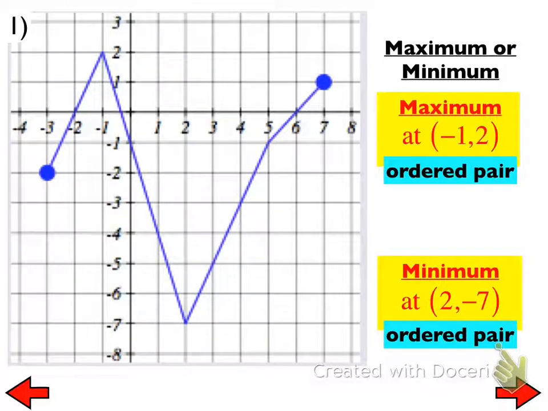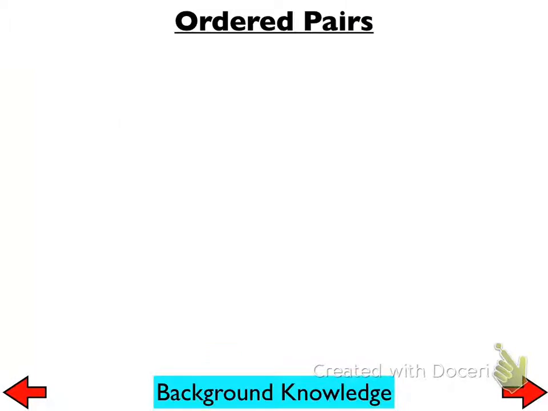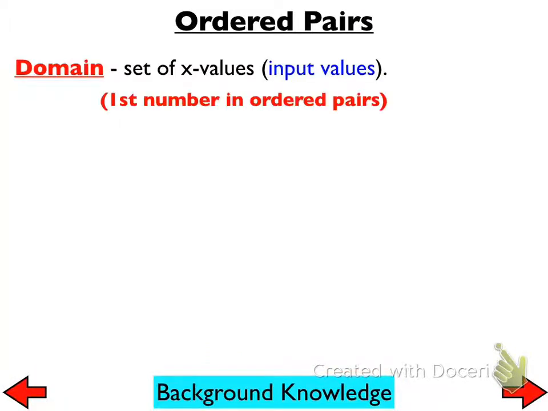And now the part where for some people may be a little confusing, so you need to make sure that you're really paying attention. And that's the idea of domain and range. Now I'm going to go backwards for a second. So the only place that we have talked about domain and range is in terms of ordered pairs, right?